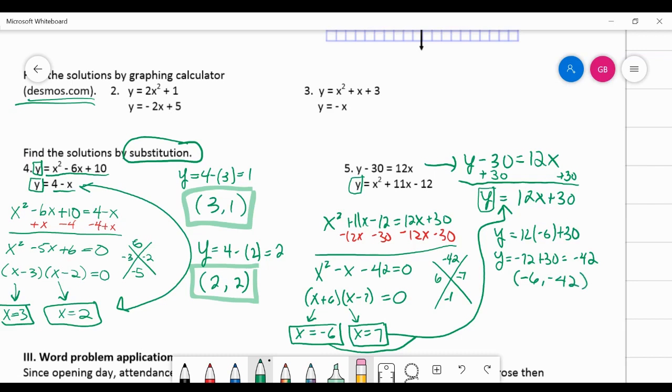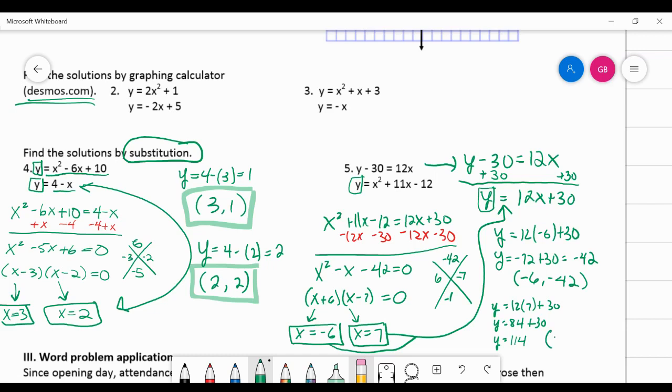And then if I plug in the 7, 12 times 7 is 84 plus 30. That's going to be 114.